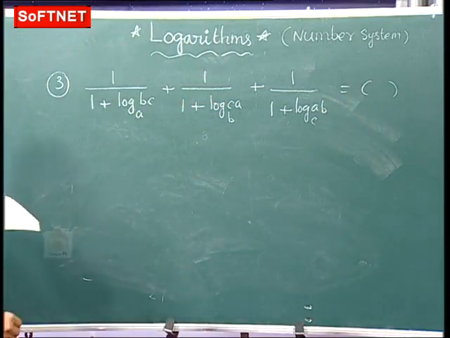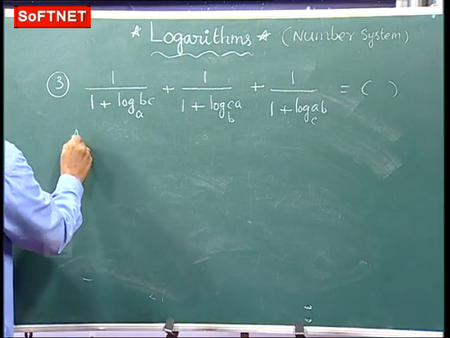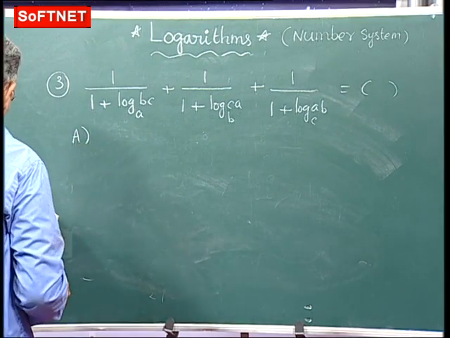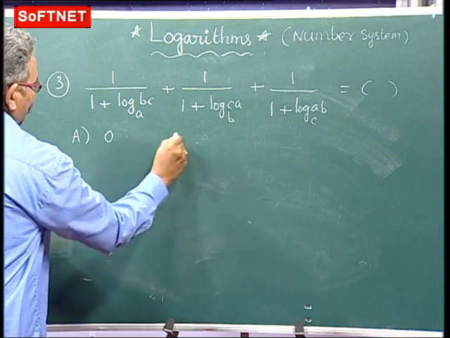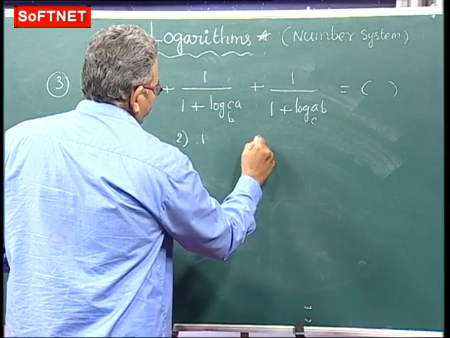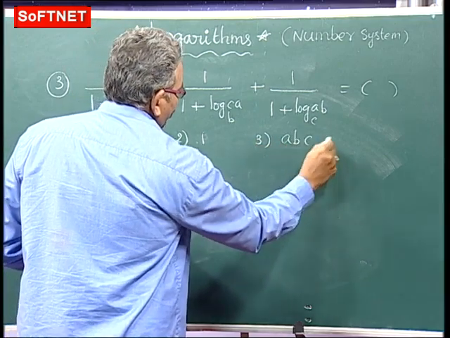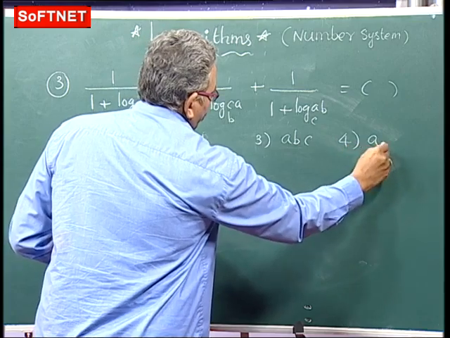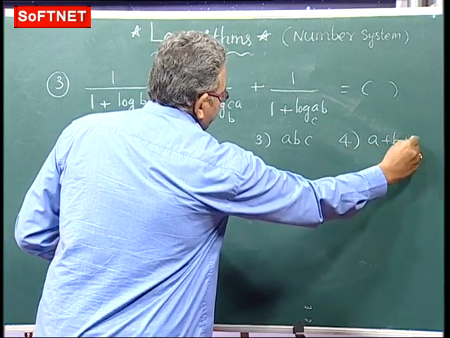So, now option A 0, option 2 1, option 3 ABC, option 4 A plus B plus C.